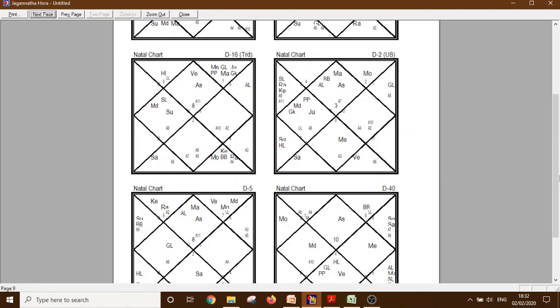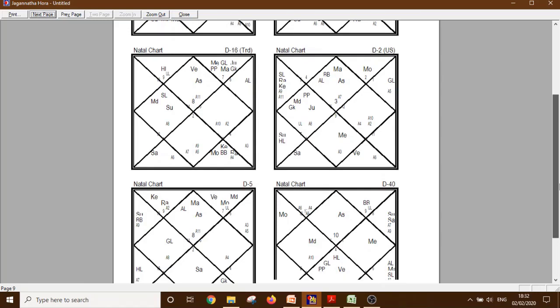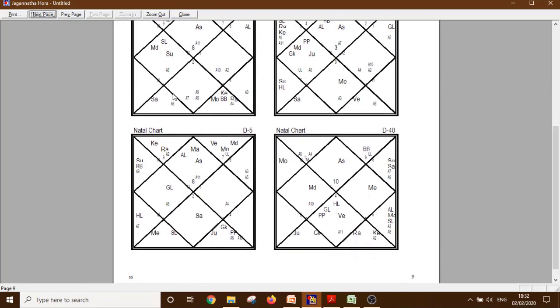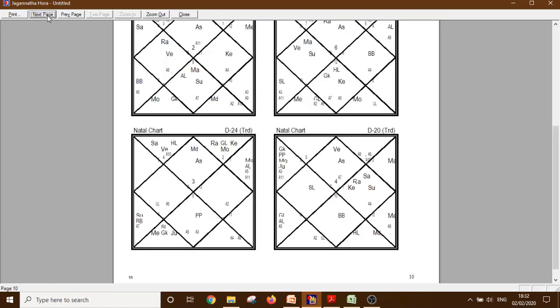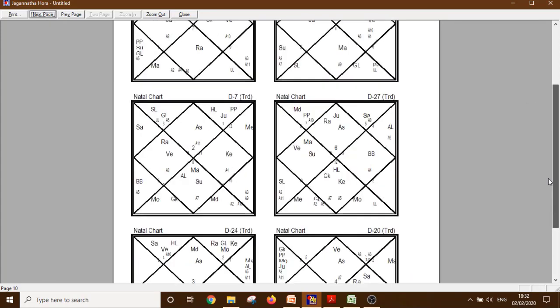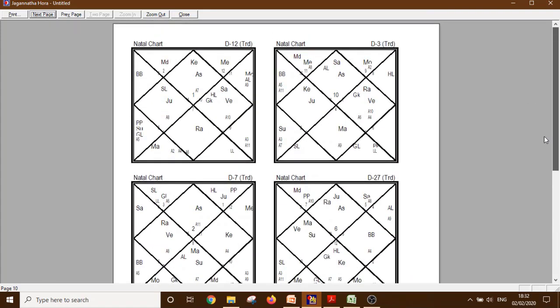I'll just skip, so there are different divisions like D5, D40. Then you also have D12, Dwadasamsa. If you want to understand more about your parents, then you should look at D12. D12 will really tell a lot of things about your parents.